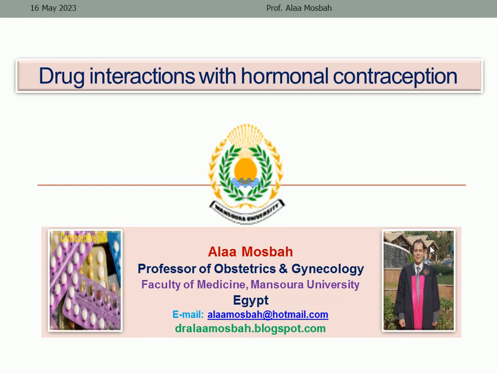Simply, if a woman is taking hormonal contraception and she is going to take another drug for any medical reason, this drug may affect the hormonal contraception by decreasing its efficacy, so the failure rate will be high, or by increasing exposure to hormone, which may lead to side effects of this contraception hormone.